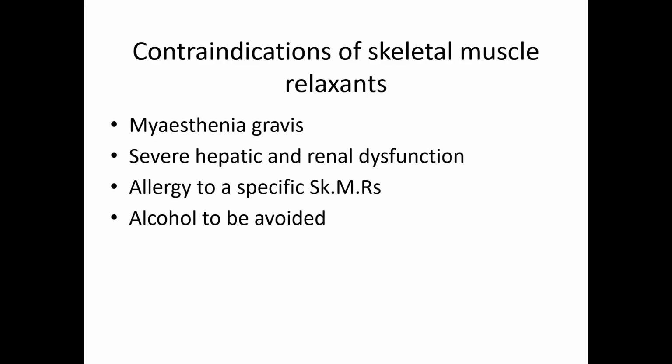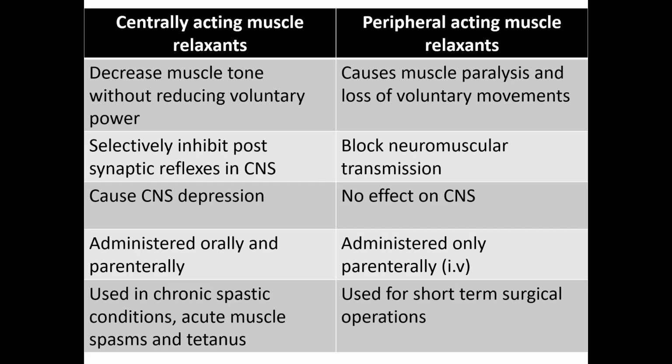So they are contraindicated in severe hepatic and renal dysfunctions. They are also contraindicated in patients who are allergic to the specific skeletal muscle relaxants, and they have to be avoided in alcoholics.